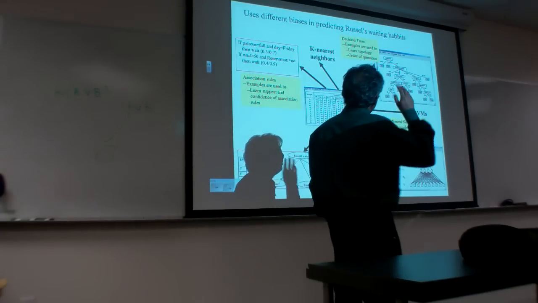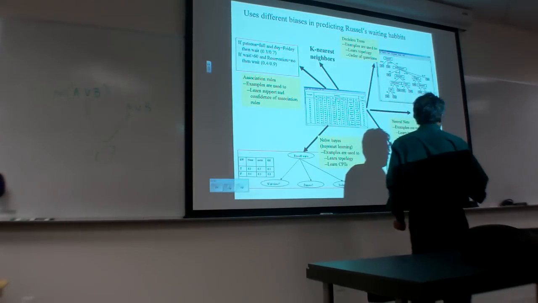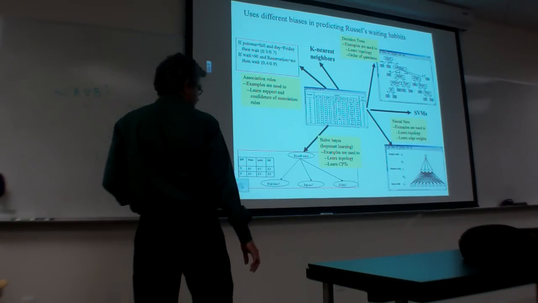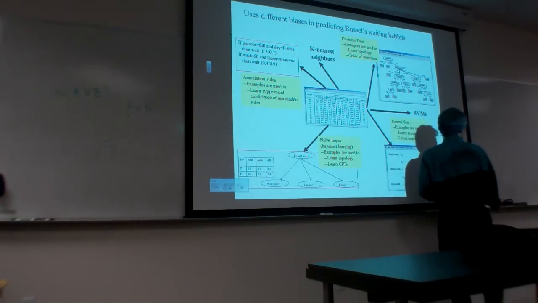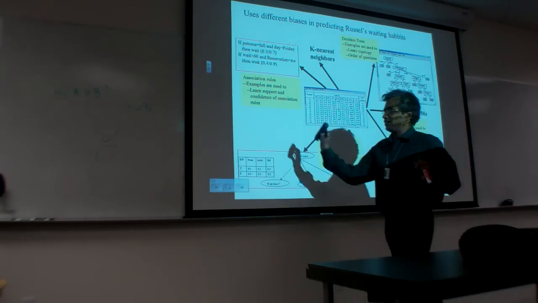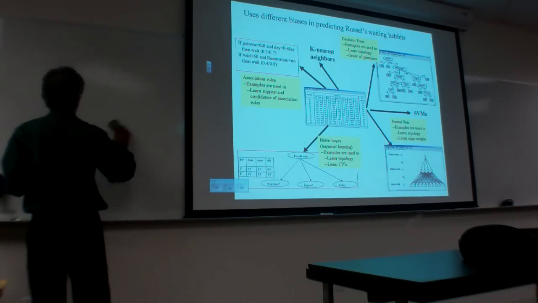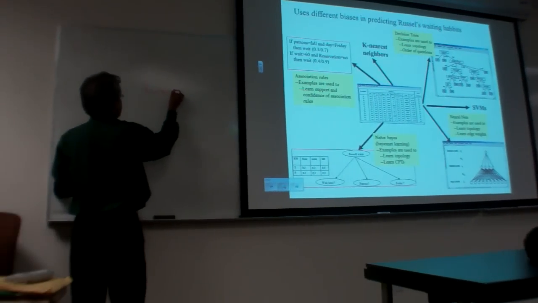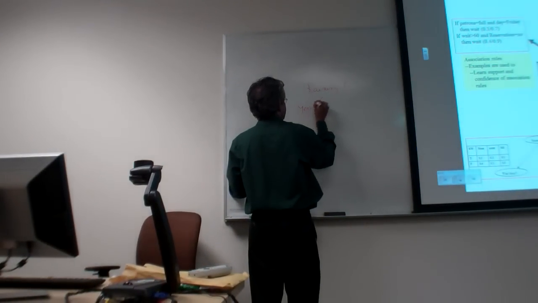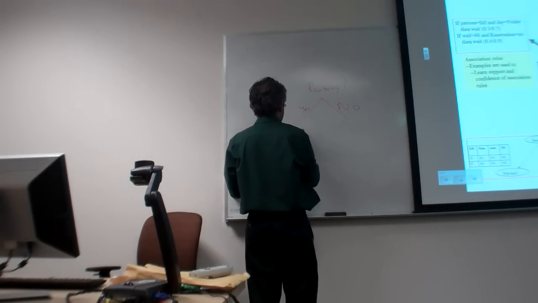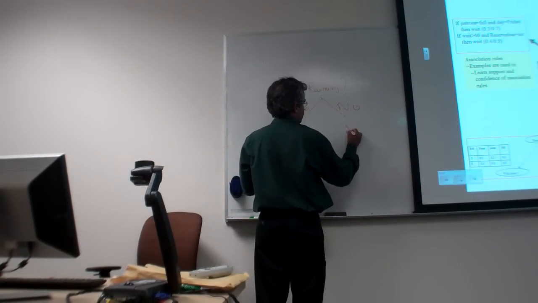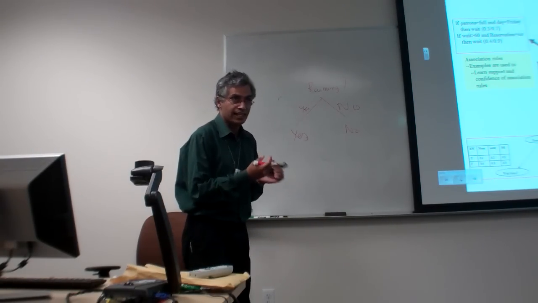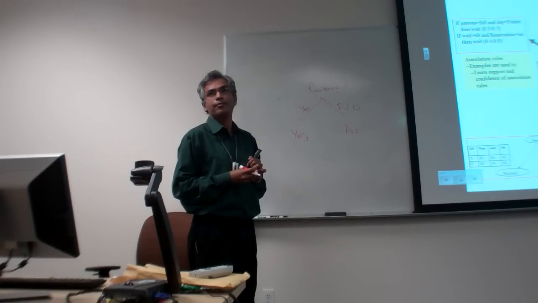Suppose I give you a very simple decision tree which is only one layer, and it says: is it raining? If it is yes, yes. If it's no, no. That's my decision tree. That's a hypothesis about this data.